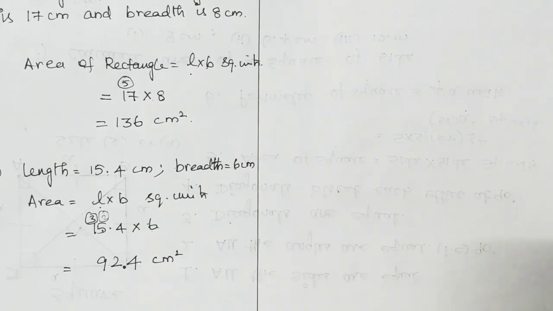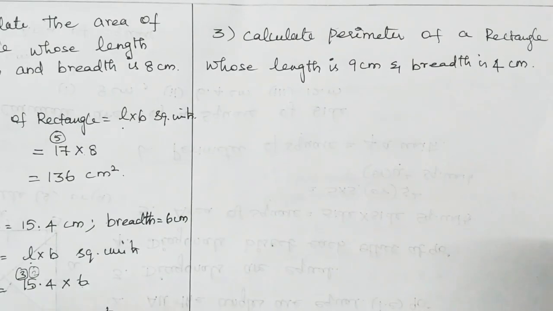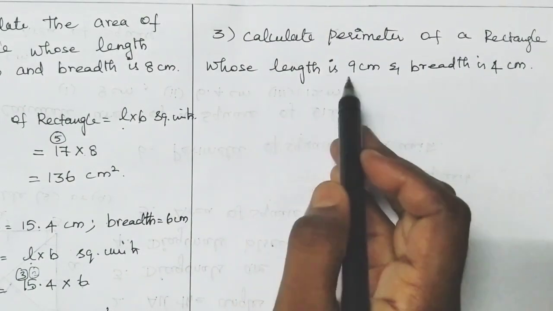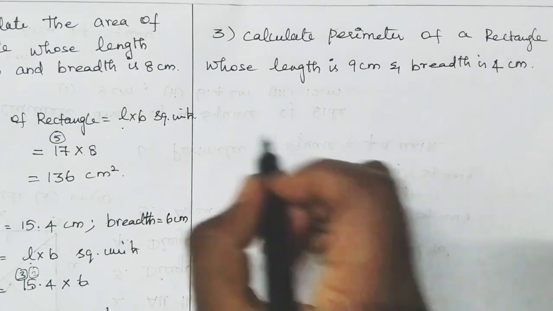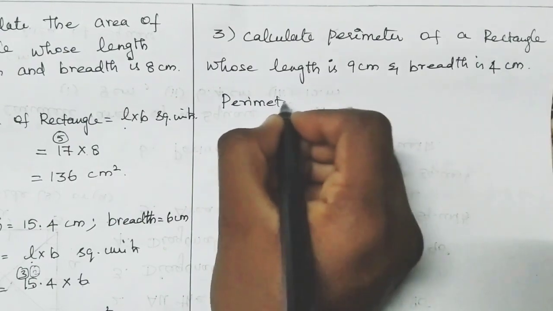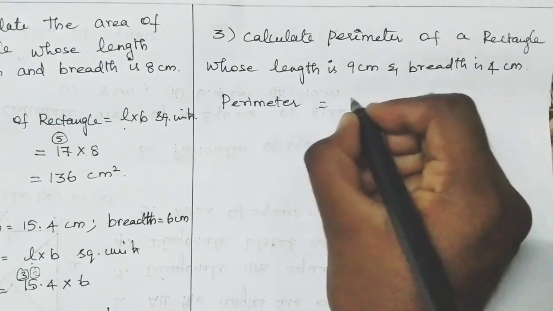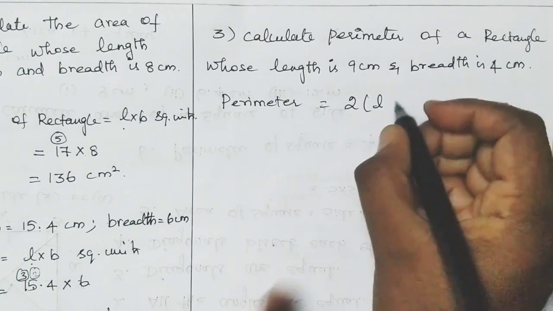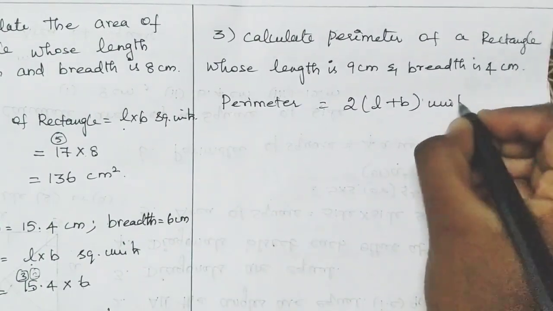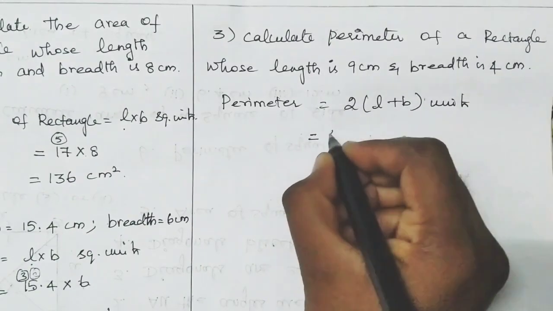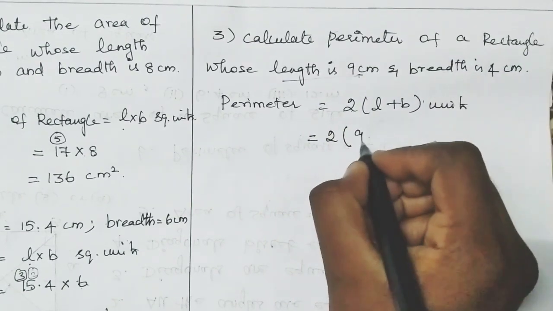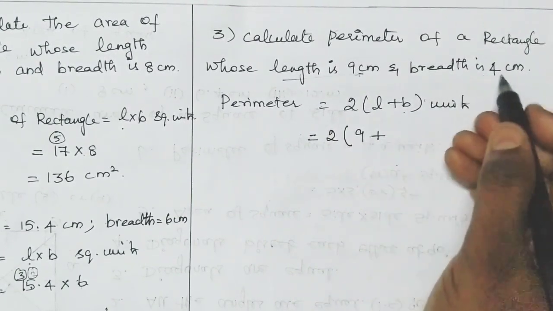Now we'll see perimeter. Now listen to this problem. Calculate perimeter of a rectangle whose length is 9 centimeter and breadth is 4 centimeter. So we know perimeter of a rectangle. What is the formula, children? Yes, very good. 2 into L plus B units, which equals 2 into length 9 centimeters plus breadth 4 centimeters.